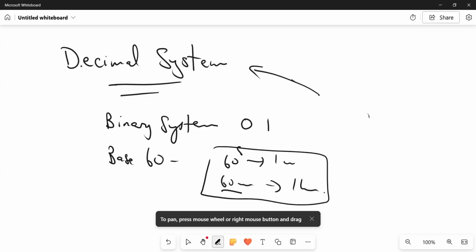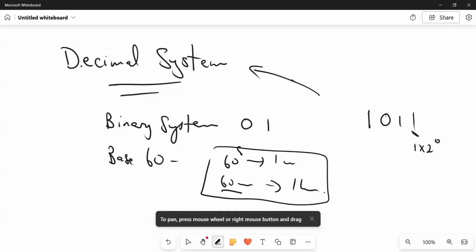If you see a binary number, 1, 0, 1, 1, what this one means is 1 unit, or 1 times 2 to the 0 power. So every digit in the binary system has a place value that is a power of 2.